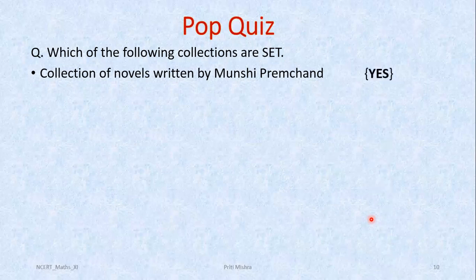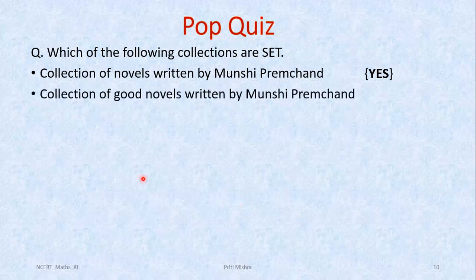Yes, this is a set because we can write down all the novels written by Munshi Premchand. Almost 10 novels he has written, so we can write down all the elements within the curly braces. That's why this collection of novels is a set.